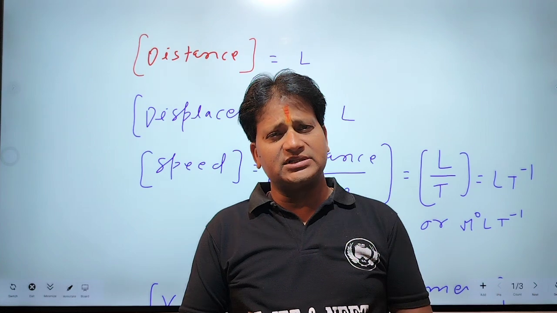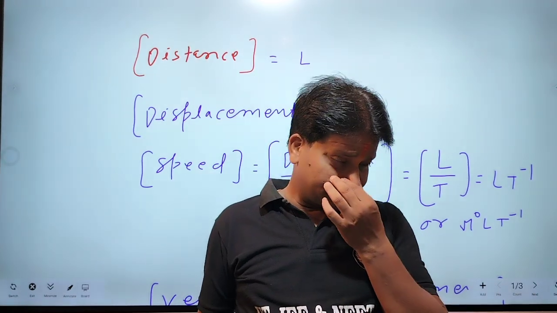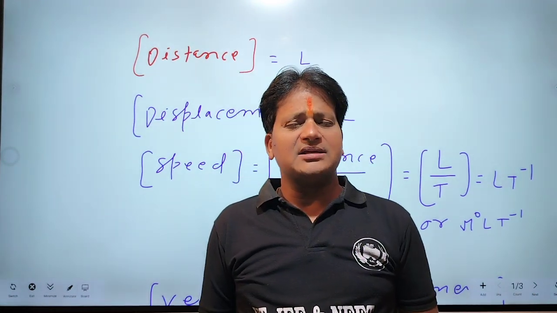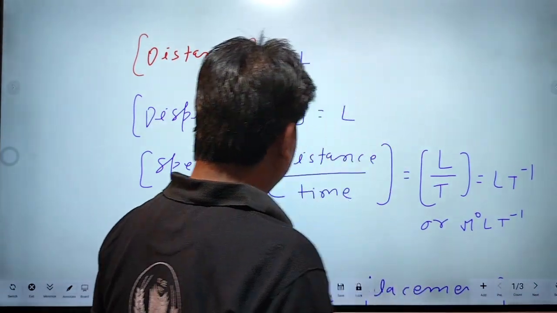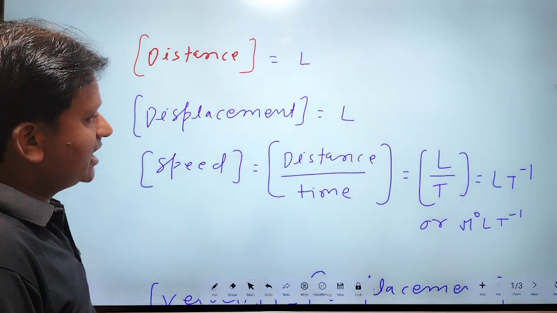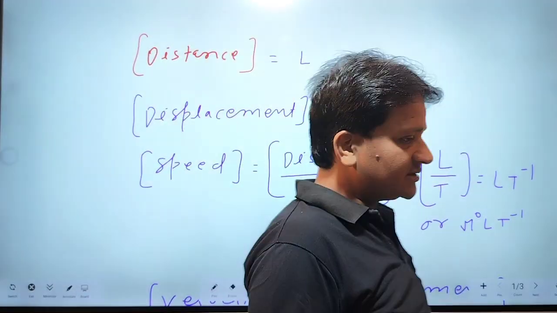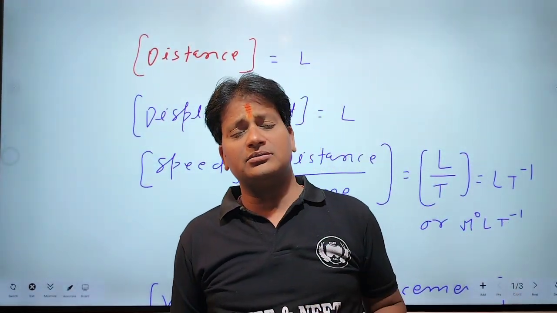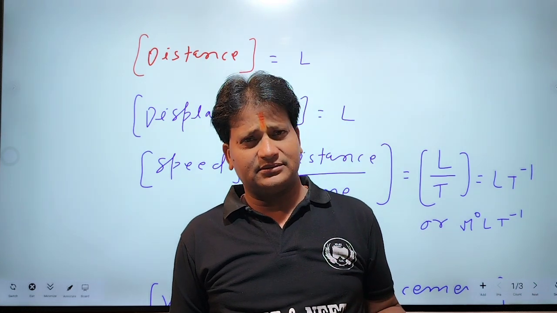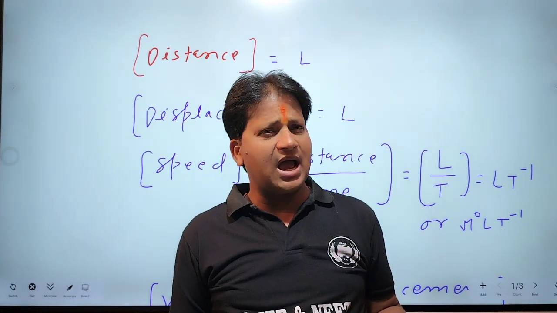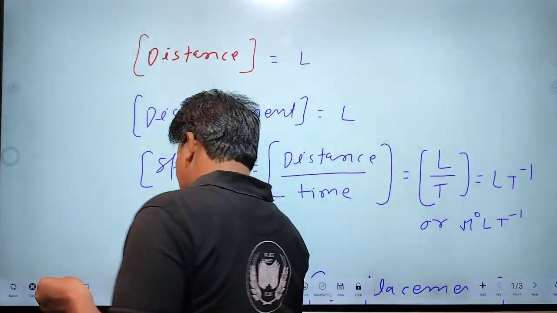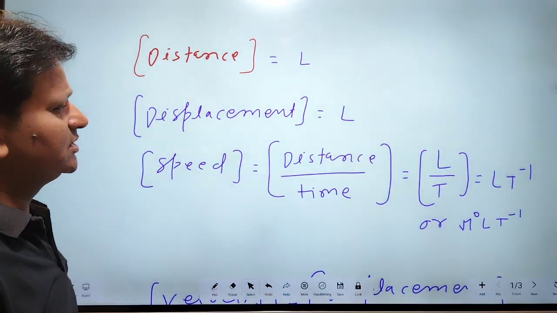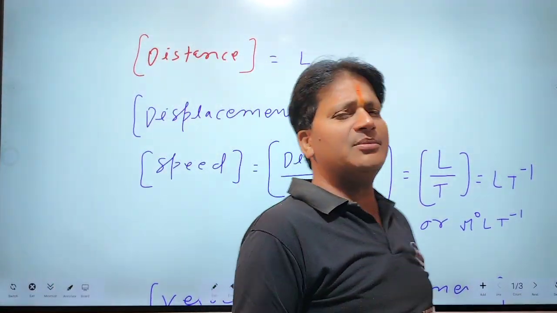Today, I am going to discuss units and measurements. In the last class, I have already discussed what is dimension, and I have given some examples such as dimension of force, dimension of fundamental quantity.